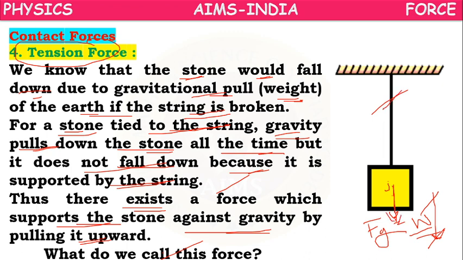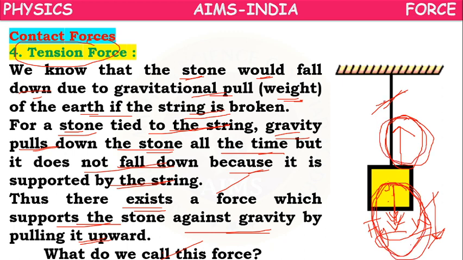If the string is broken, it will fall down. But when the string is not broken, though the gravitational force is acting on the stone, it will not fall down. Why? Opposite to that, in the string will develop a kind of force in the upward direction, balancing the downward force. So this upward force developed in the string against the gravity is called tension force.